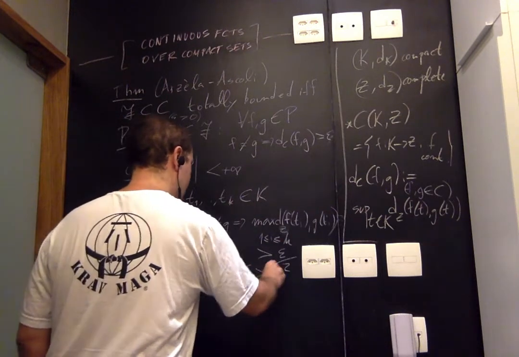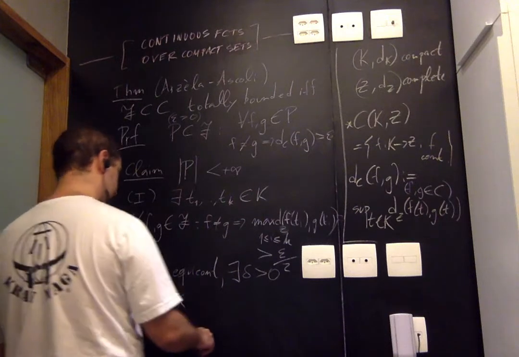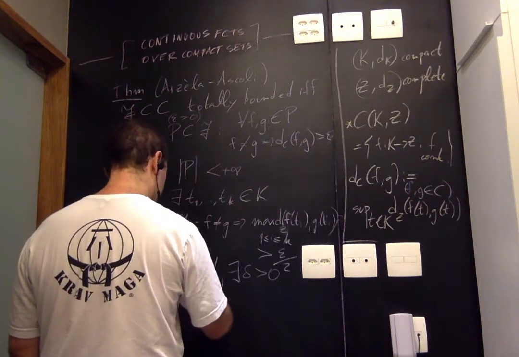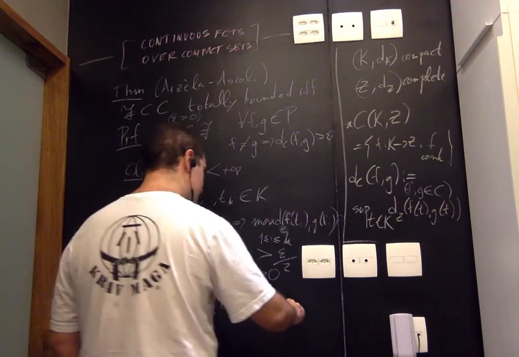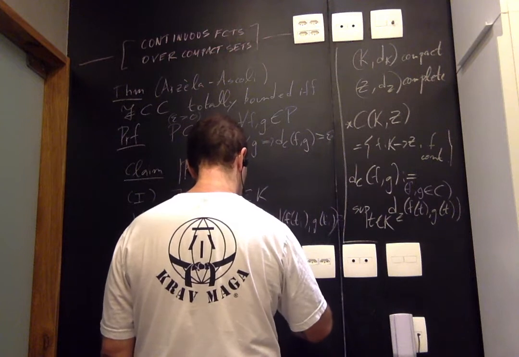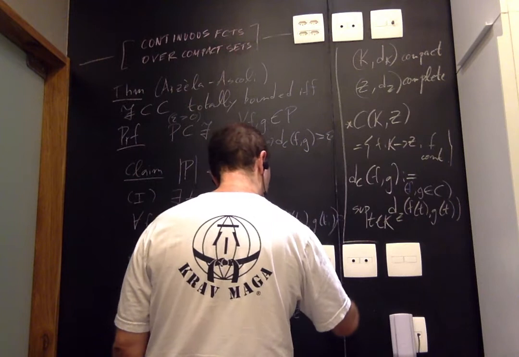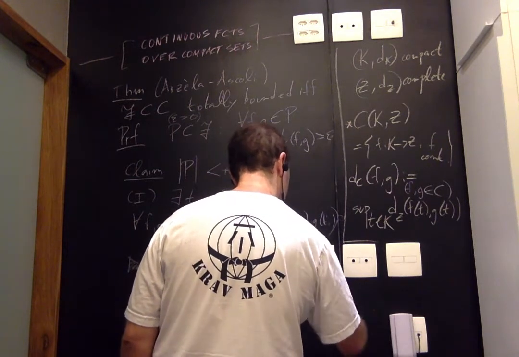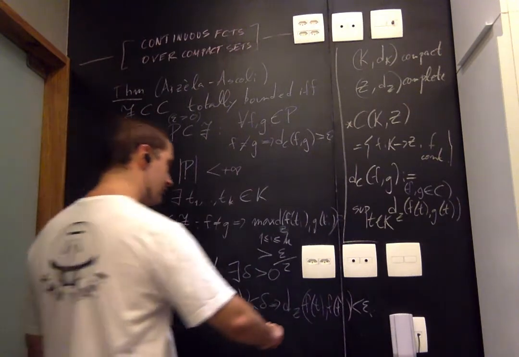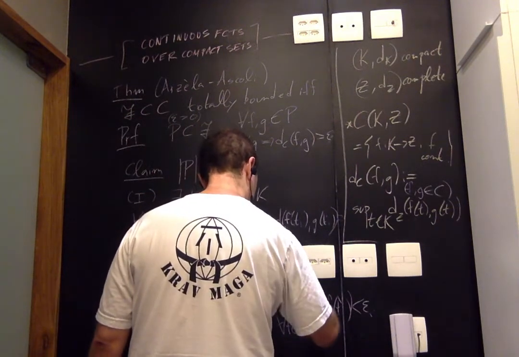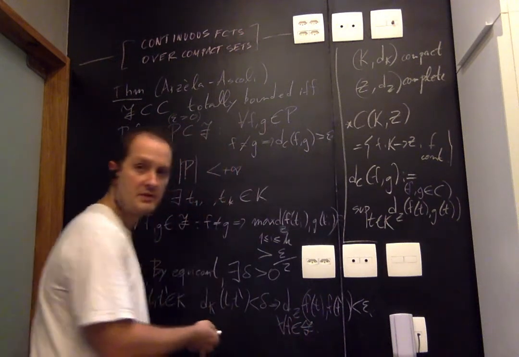So we know there exists a delta such that for all t and t prime in K, if the distance between t and t prime is less than delta, the distance in Z between f of t and f of t prime is less than epsilon, for all f in my family. That's what continuity means. I'm just restating the definition here.